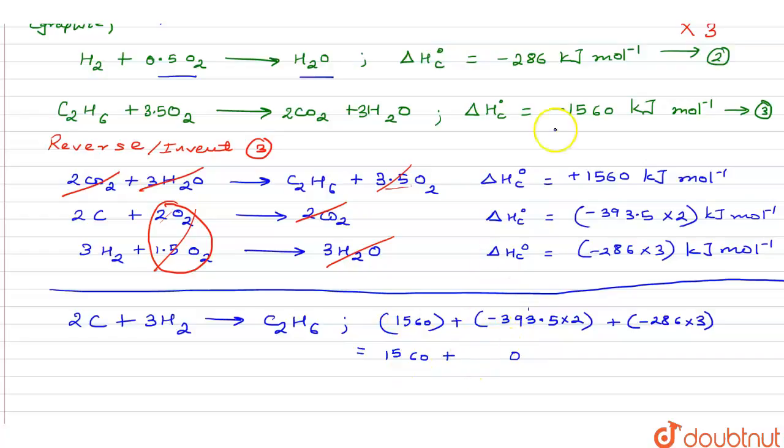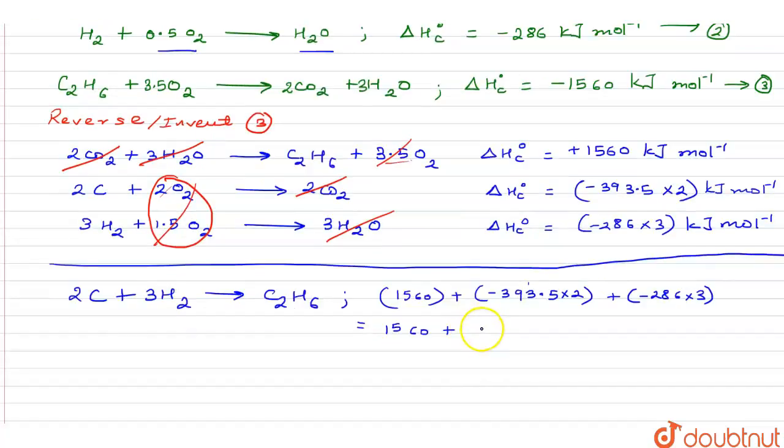Altogether, let me just write the complete number over here. This value becomes minus 787, and minus 286 into 3 would be 858.